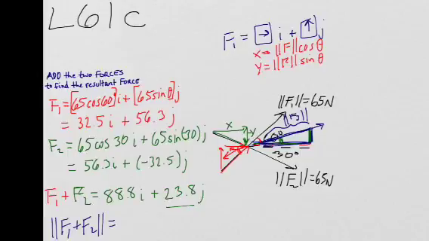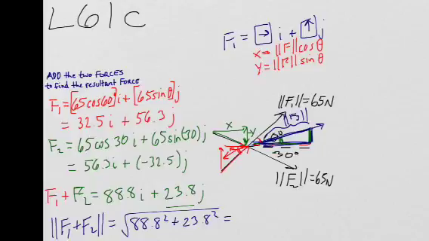Well, we just take both components and we square them. 88.8 squared plus 23.8 squared, and then we do the square root. And again, no reason not to do that one on the calculator. So pull out my calculator.